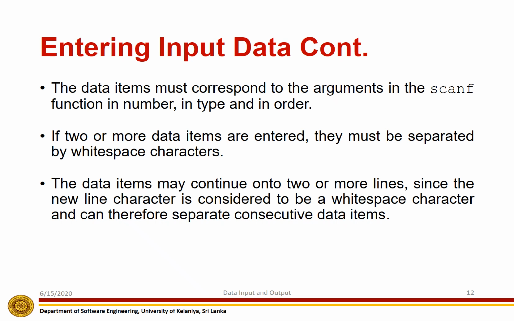If two or more data items are entered, they must be separated by white space characters. The data items may continue on to two or more lines since the new line character is considered to be a white space character and can therefore separate consecutive data items. Now we will see some examples for those and understand.